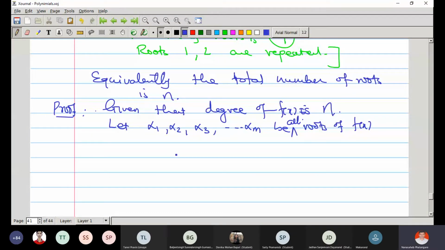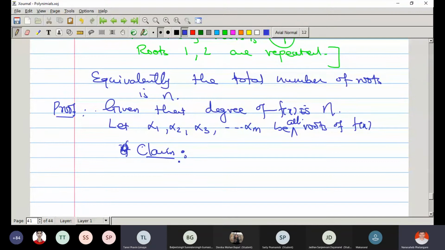Right. So if alpha 1, alpha 2, ..., alpha m are roots, not necessarily all of them, then what is our claim? How many roots are possible? At most n. How many are these numbers?